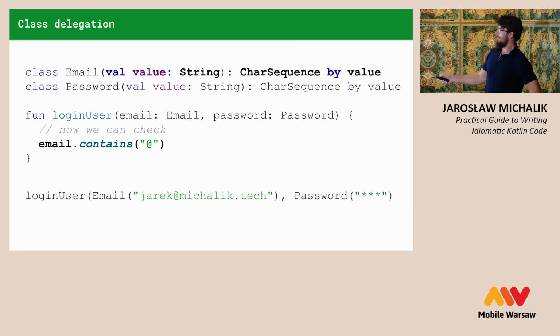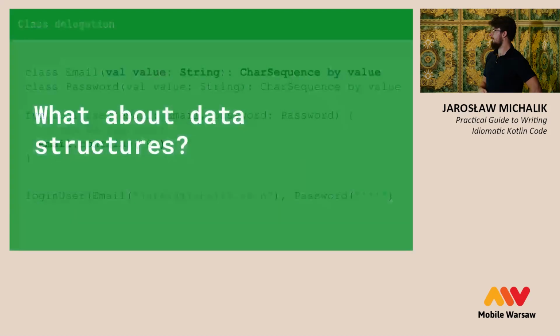We can say that this email is a CharSequence implemented by the underlying string value. So now effectively, we can use email.contains, email plus something, and every other operation that is possible on that CharSequence. So another syntax sugar, I think.